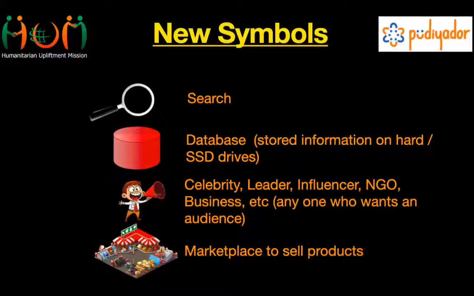Now the next one, the red cylinder, we are going to use that symbol to represent a database. What is a database? A database is nothing but information, information stored. Almost always, you know from the first lecture that the hard drive is used to store, it's like long-term memory, and it is used to store information.